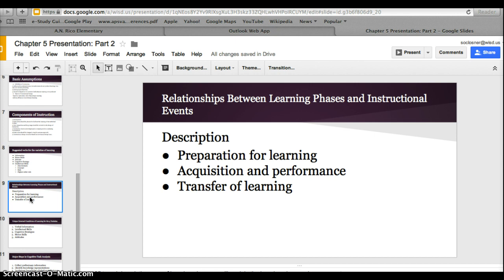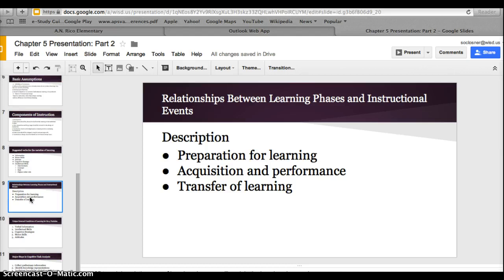Relationships between learning phases and the instructional events. The 3 phases of the 9 phases of learning are described as follows. Preparing for learning: gain attention, inform objectives, and stimulate recall of prior knowledge are 3 instructional events that set the stage for new learning.